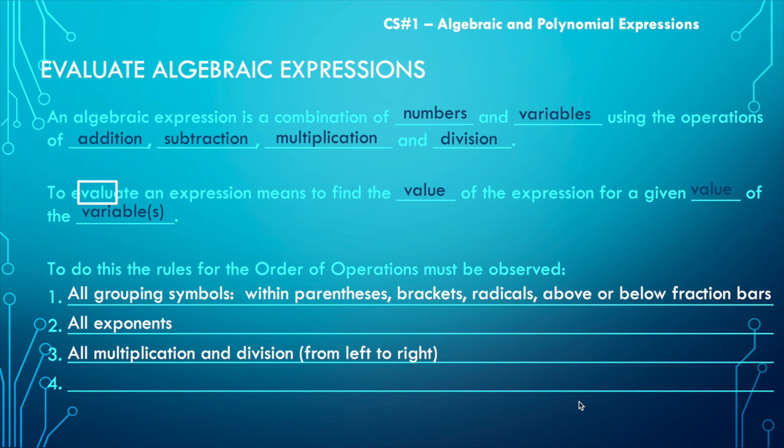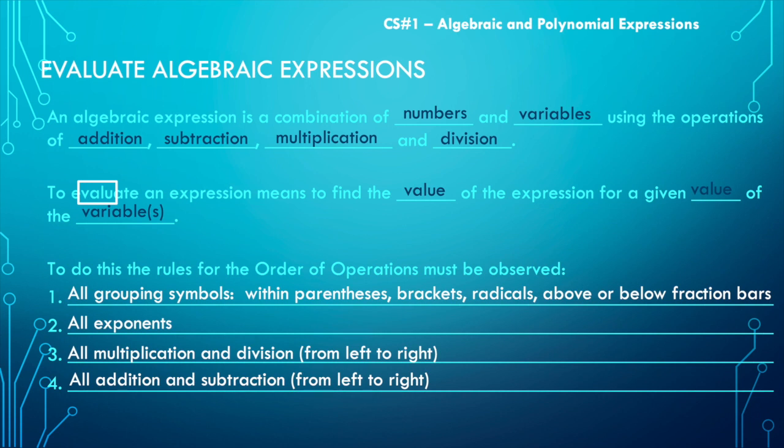Because I can say I'm going to multiply something by 1/2, or I can say I'm going to divide it by 2, and I'm really doing the same thing, okay? So what's important with multiplication and division is I am going to proceed from left to right in the expression. Okay, and the very last thing we're going to do is all addition and subtraction, and that is also going to be from left to right.